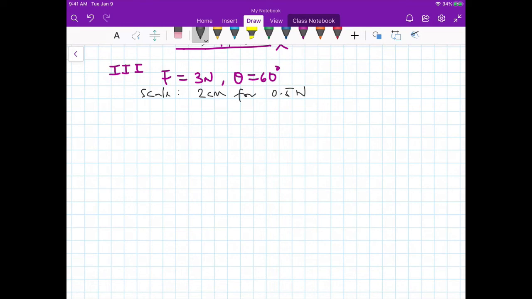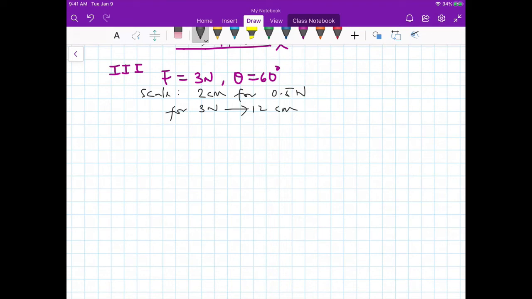So what are you going to do here? For 3 Newton, you do the conversion and everything. How many centimeters do you have? You're going to have 12 centimeters. Then here, what we're doing is vector resolution.